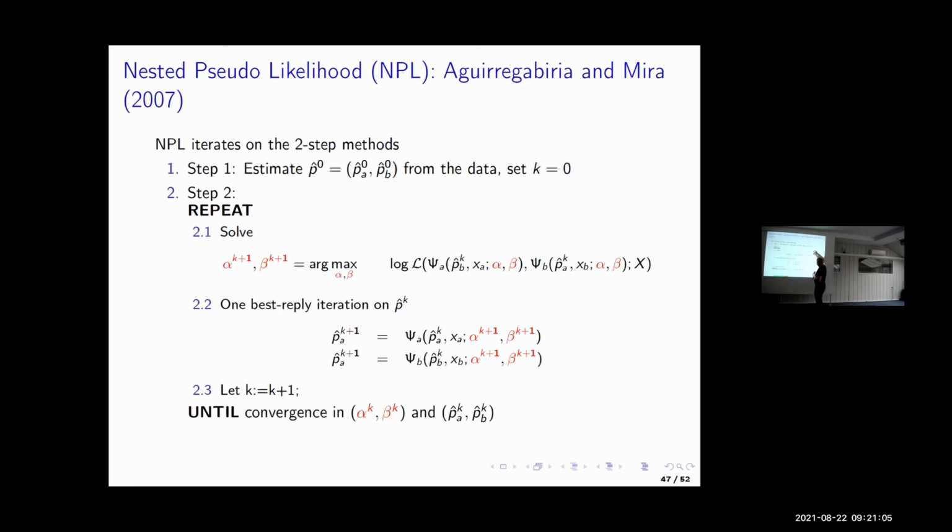We'll call K the number of steps, not to be confused with the number of equilibria I had previously. Then you find the structural parameters. So K now is the first set of structural parameters, as the argument that maximizes the pseudo likelihood. This is just equal to the two-step pseudo maximum likelihood estimator we talked about before.